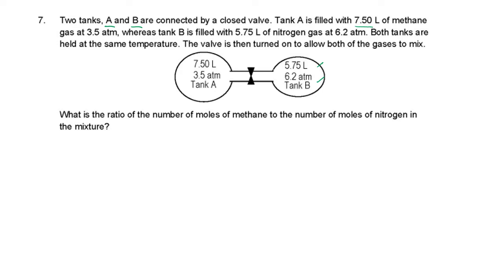Then the valve is turned on, and both gases are allowed to mix. So methane will move to tank B, and nitrogen gas will move to tank A. The mixing process is happening.